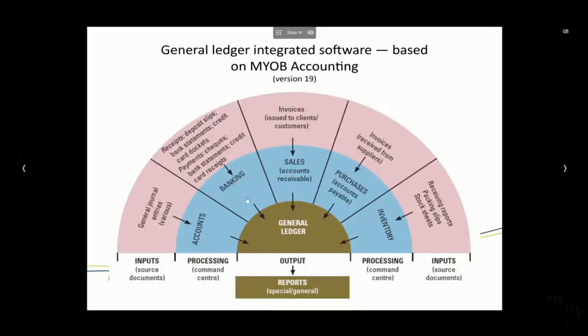So you've got the fundamental command centers. We have accounts, banking, sales, purchases, and inventory. And most students find that all of the transactions that they create in step 9 can be entered through the sales function, through the purchases function, so for all the sales that they make to their customers, all of the purchases that they made, and also payments to suppliers for things like electricity can be also put through the purchases.